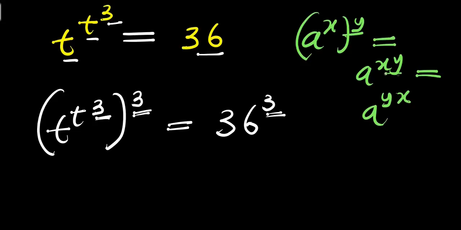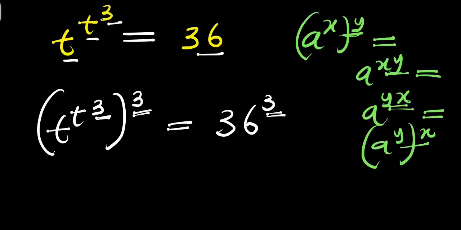So x times y is the same as y times x. And this also equals a power y all to the power of x. If you look at all these transitions from x power y to x times y to y times x to a power y power x, have you seen all the different transitions? That is exactly what we are going to do here.